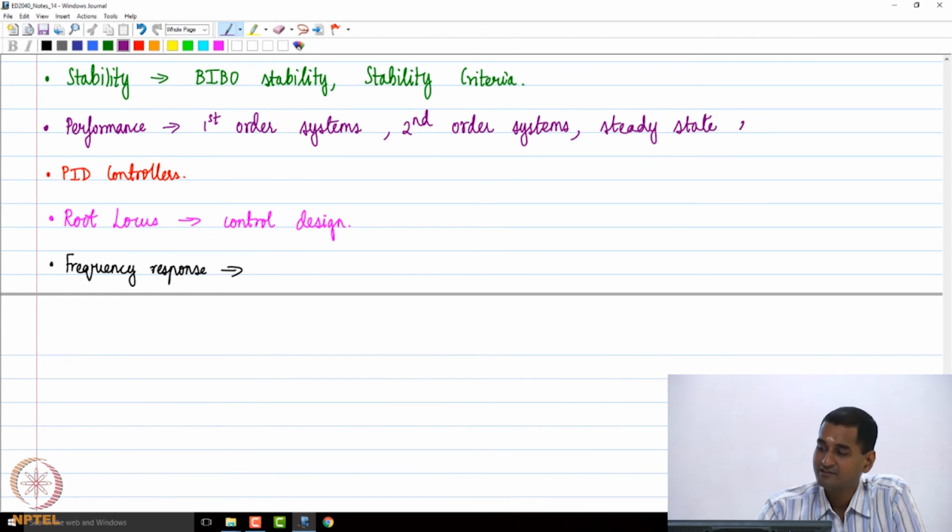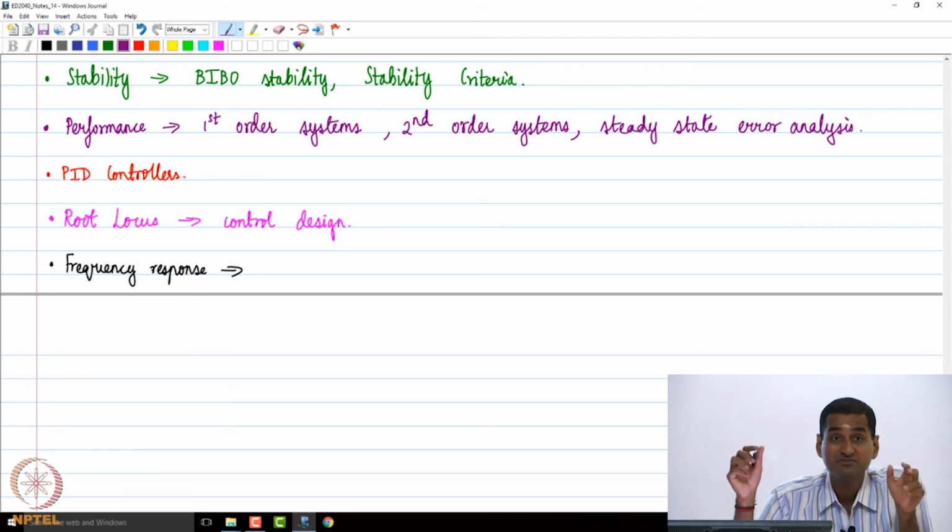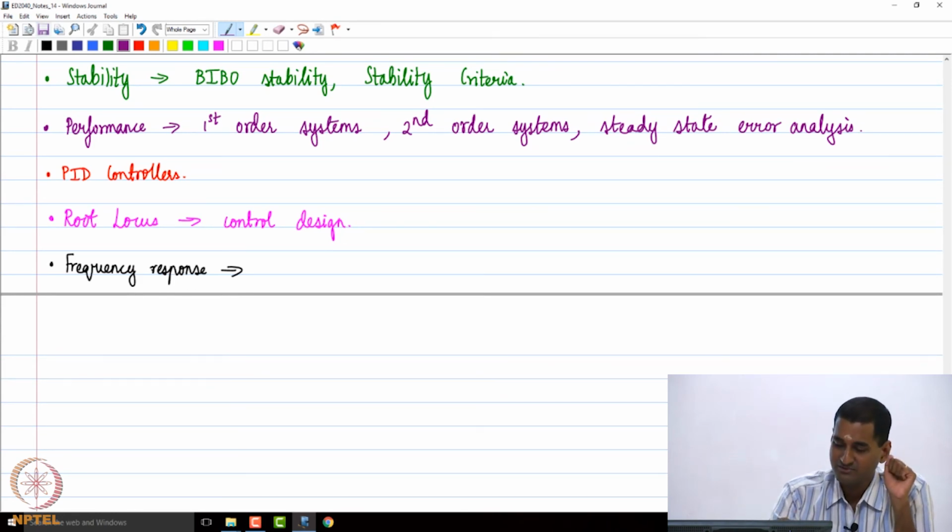We learned various definitions of various parameters, Kp, Kv, Ka, and so on, and when to use what, and we looked at different types of systems, type 0, type 1, type 2, and so on, and what the implication of those systems is.